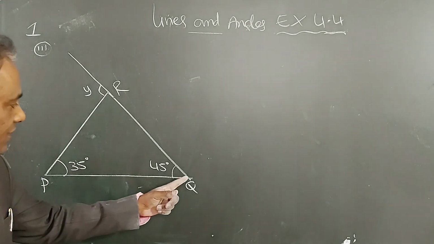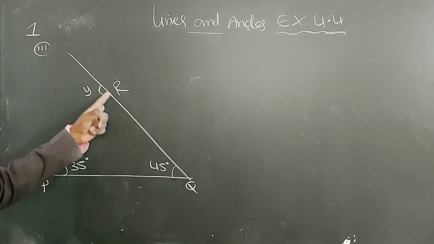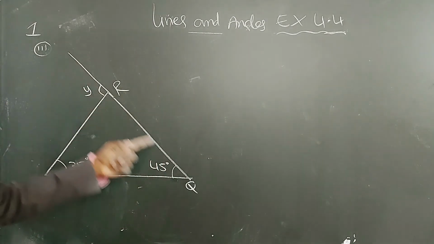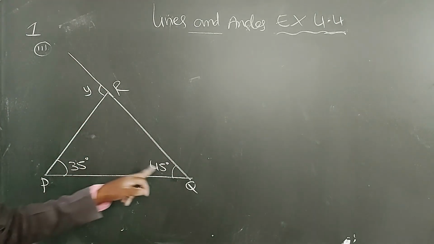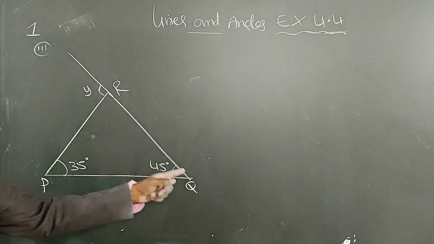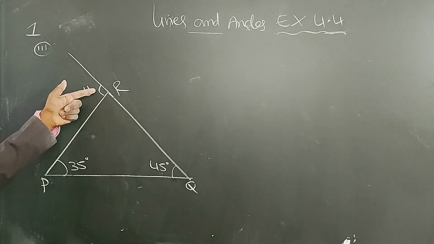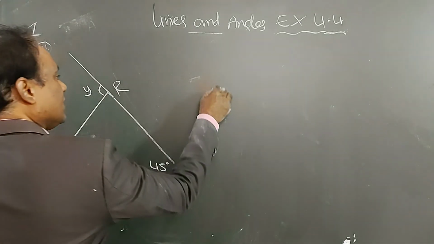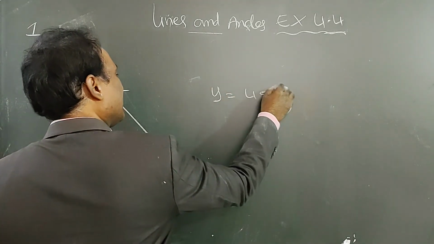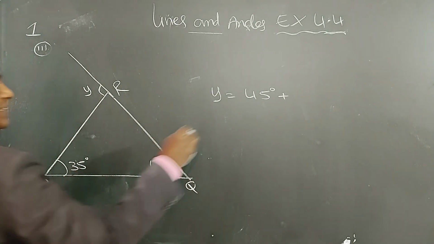Students, this side is produced. Exterior angle is equal to the sum of two interior opposite angles. That means y is equal to 45 plus 35.